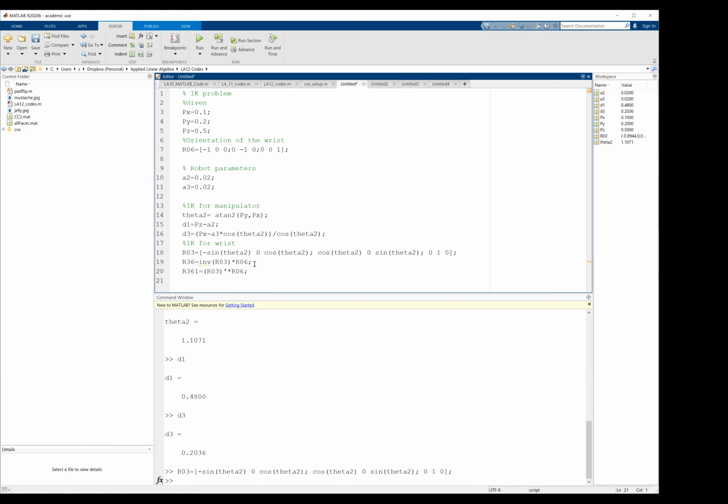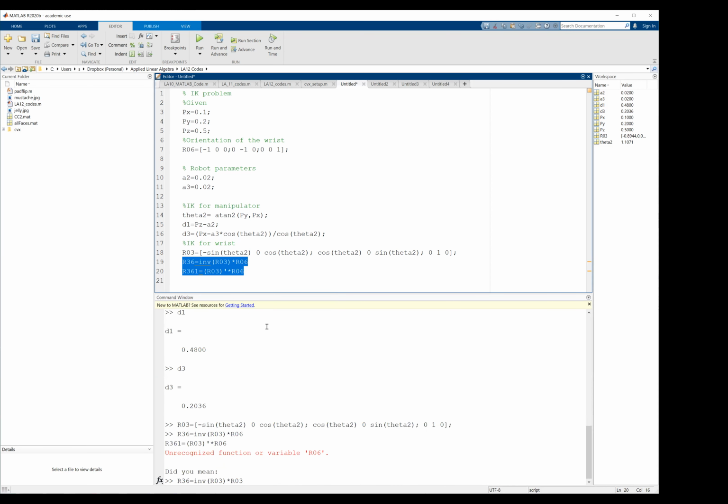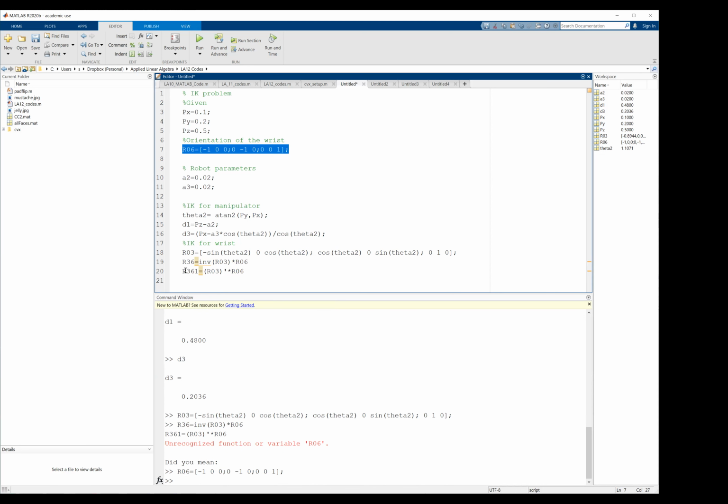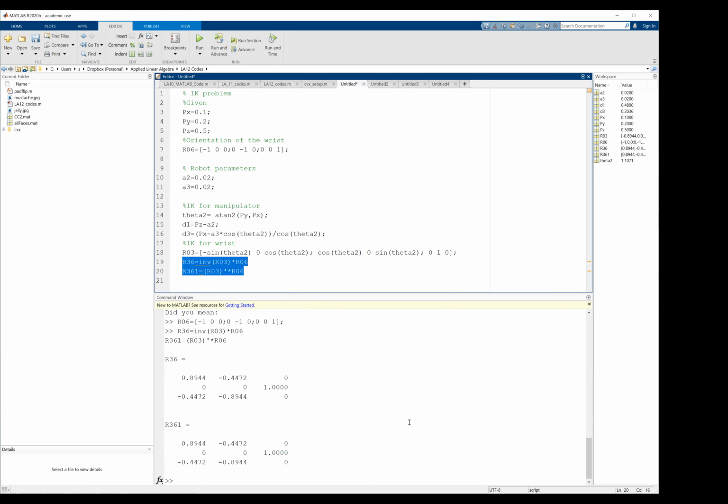Then I want to find these two solutions, R36. R06 I did not have in memory. Can you see that inverse and transpose give me the same answer? So finally, I have R36.